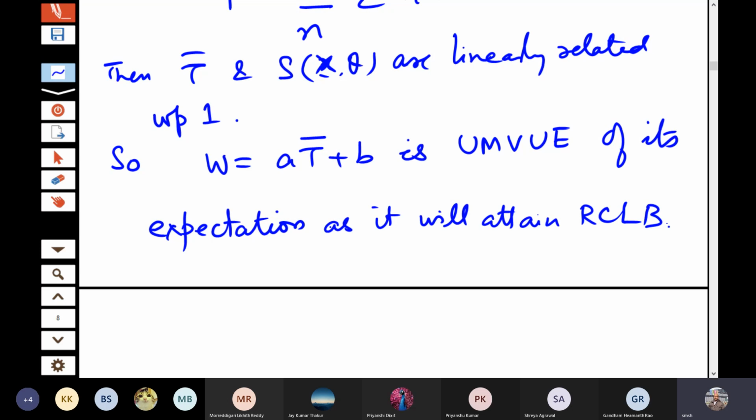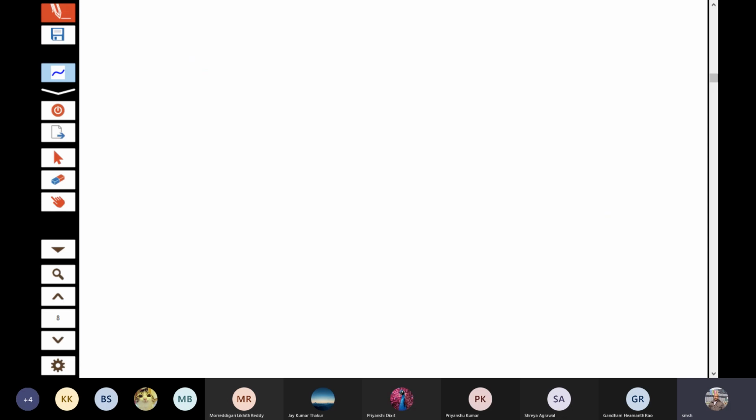Now the question is, what would be the expectation? So let us also look at this part. So I'll just use the form of the distribution.